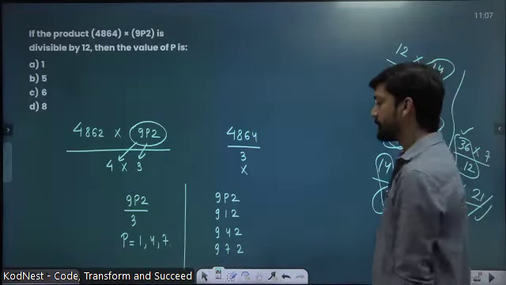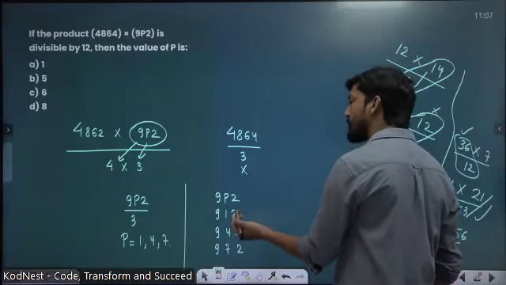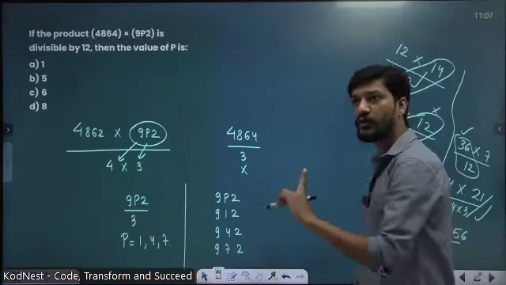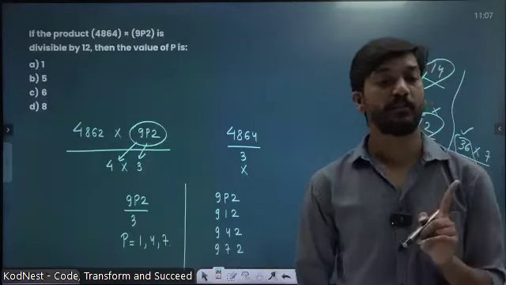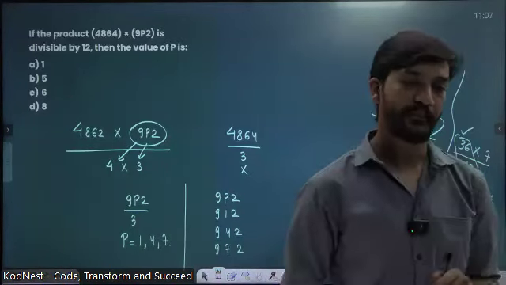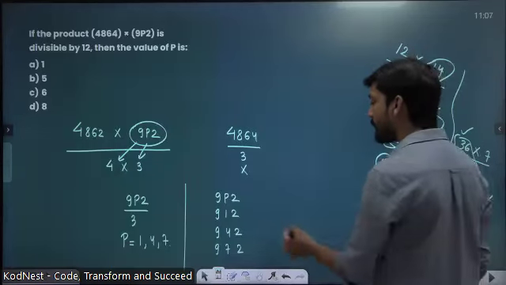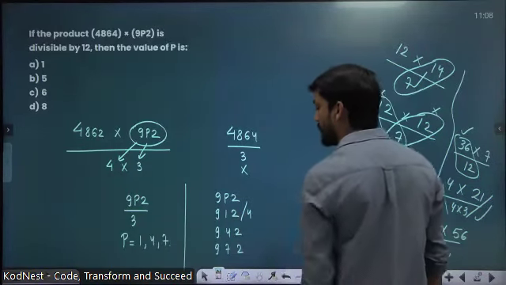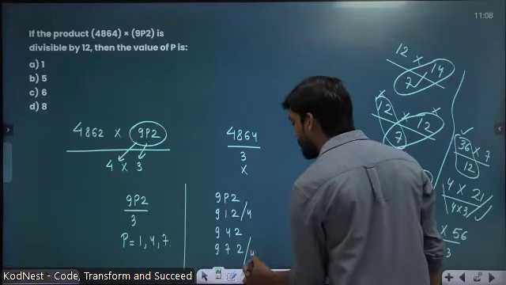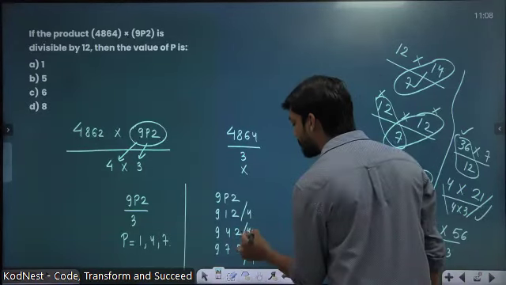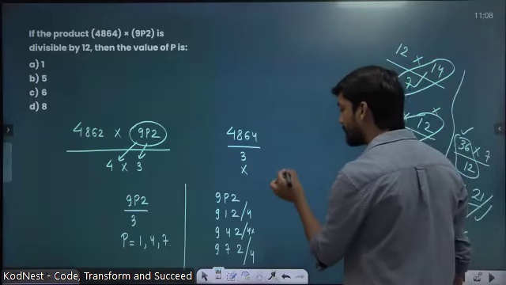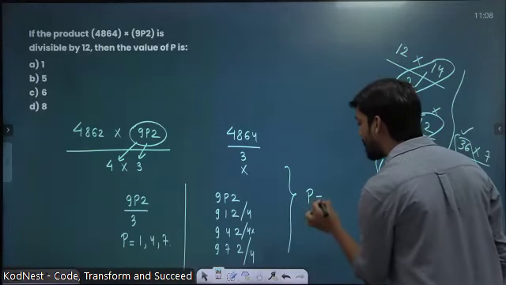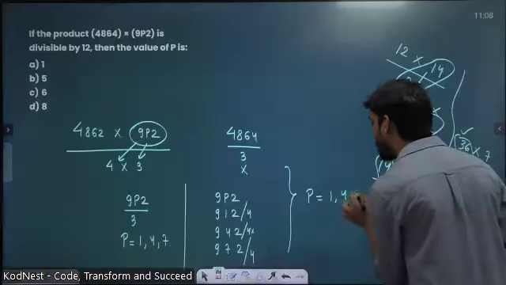Okay, please answer. Out of the 3 numbers, which number is divisible by 4 also? They are divisible by 3. Which number is divisible by 4 also? 912 divisible by 4. Okay, 972 also divisible by 4. This is not. So now overall, previously there were 3 values 147 which were correct.